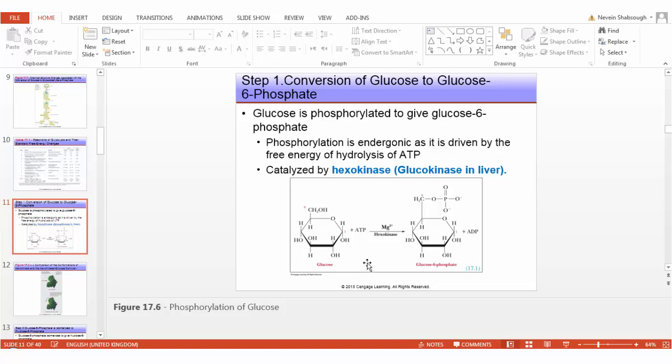Now a word about the kinase. The term kinase is applied to a class of ATP dependent enzymes that transfer a phosphate group from ATP to the substrate, in this case glucose. As I said, we could have another substrate other than glucose, for example fructose and mannose.